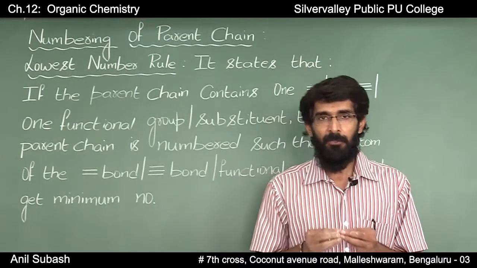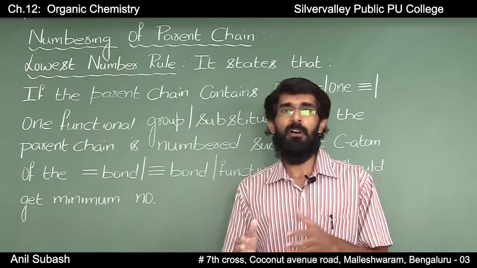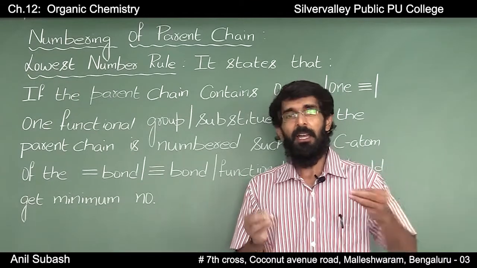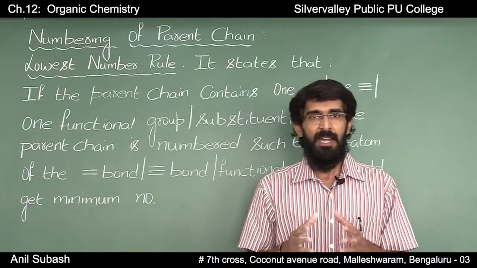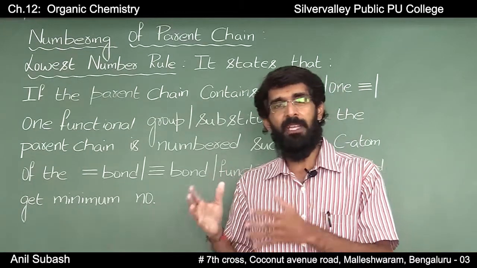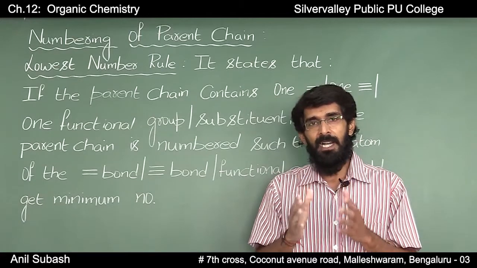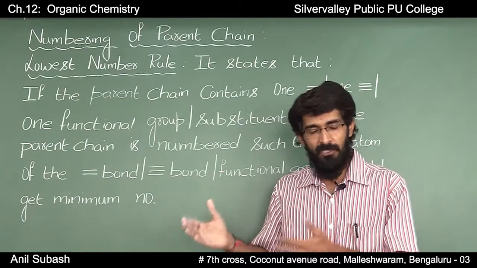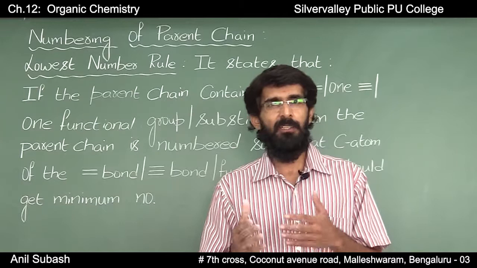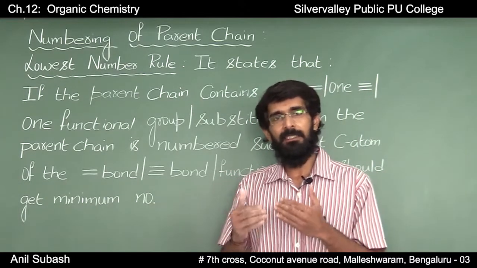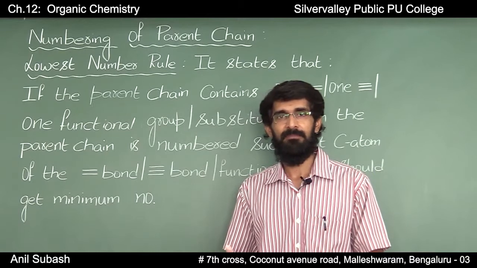That is, you are supposed to look into the parent chain for any double bonds or triple bonds or functional groups or substituents, and then start numbering the parent chain in such a way that the carbon carrying the functional group or the substituent or the double bond or the triple bond should get the least number.